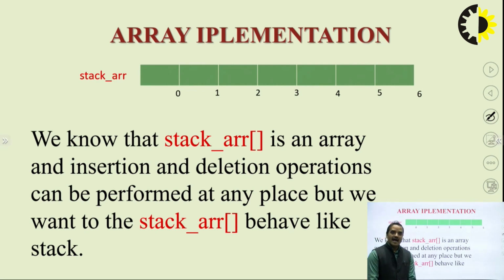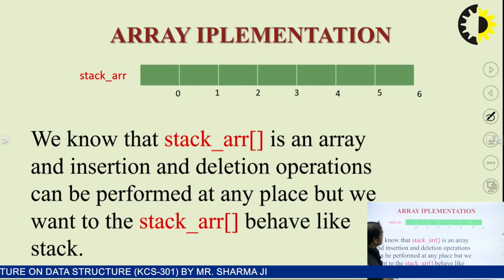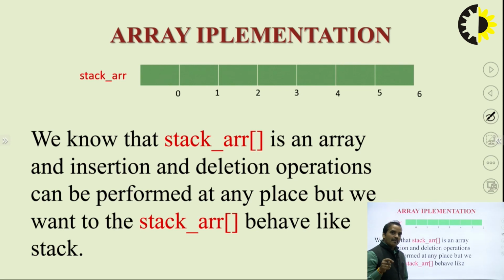Here we take an array. The logical concept of an array is that we can insert or delete at any position, but we want to construct this array as a stack, so that this array works like a stack.